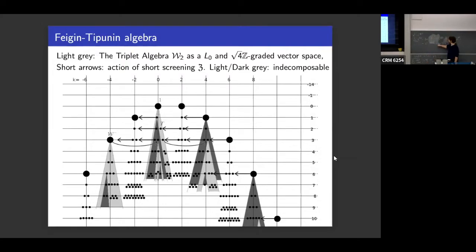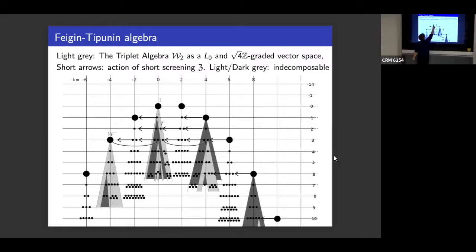That's what you get. You can compute what it is, some combination of derivatives. And you see this is exactly you landing here, 1, 2, 3 below the unit. So you can really compute those. The long arrows are the long screenings, and the short arrows are the short screenings.